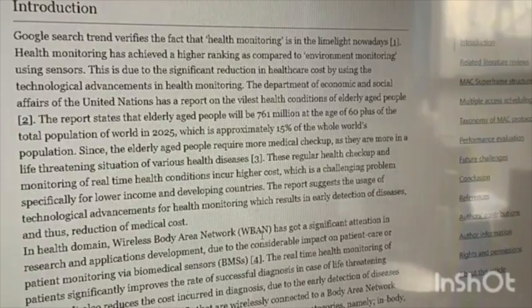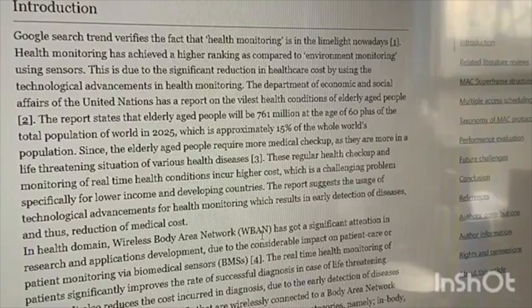In the health domain, wireless body area network has got significant attention in research and application development due to the considerable impact on patient care or patient monitoring via biomedical sensors. The real-time health monitoring of patients significantly improves the rate of successful diagnoses in case of life-threatening diseases. It also reduces the cost incurred in diagnoses due to the early detection of diseases.